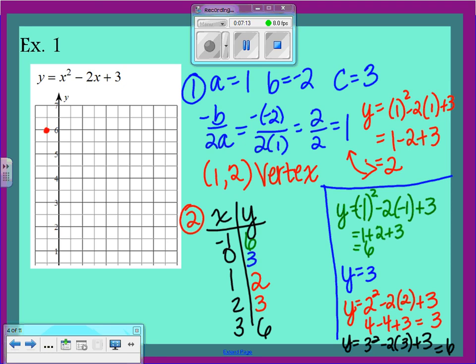Let's plot that one. And then 0, 3. And 1, comma 2. And 2, comma 3, and 3, up to 6. So hopefully you see that it just completely mirrored itself.